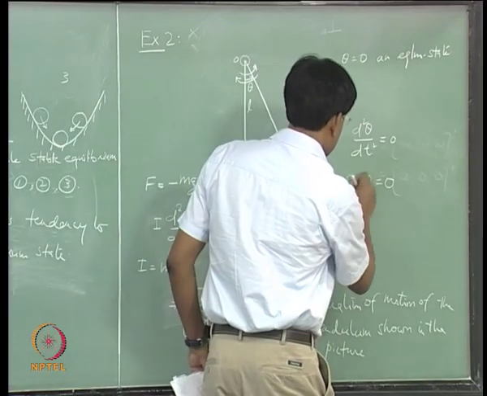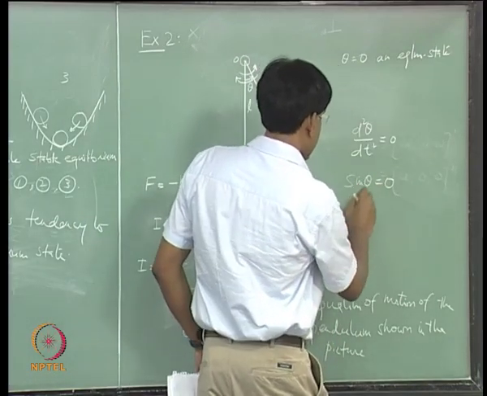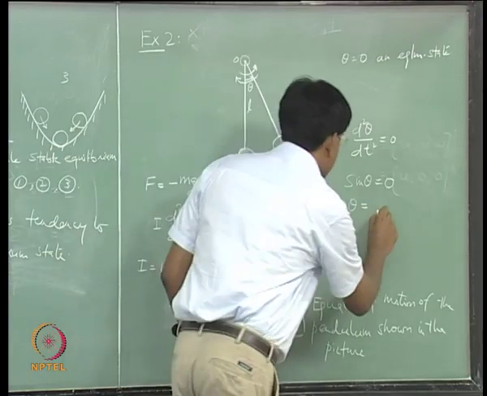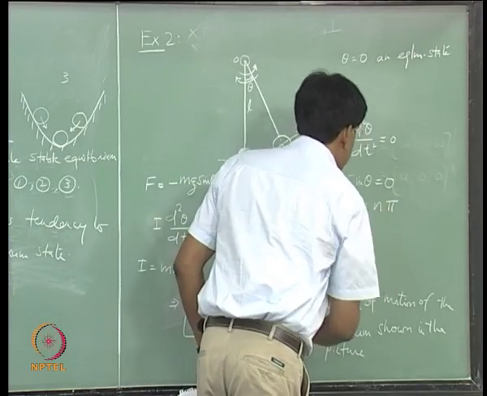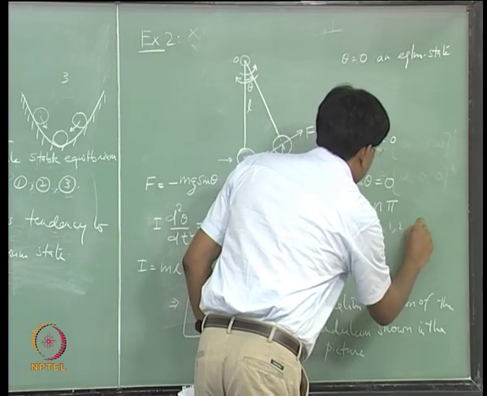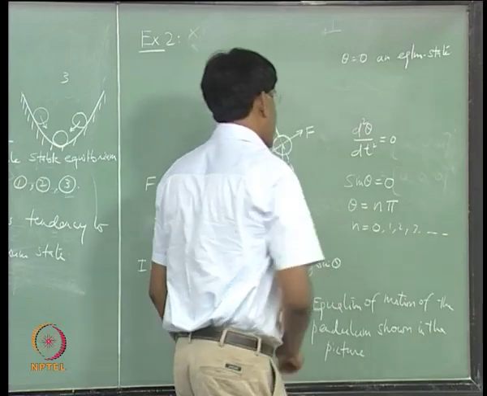So, sin theta equal to 0 has the solution n times pi, where n is an integer.